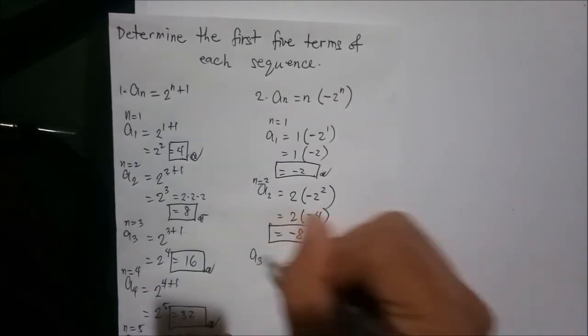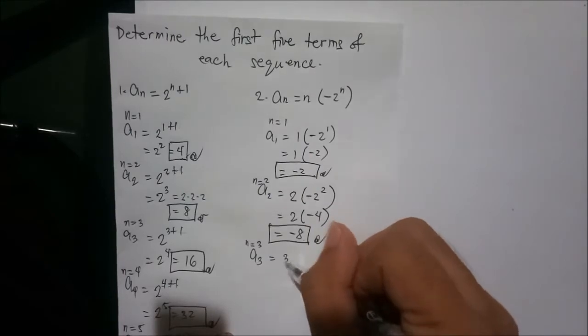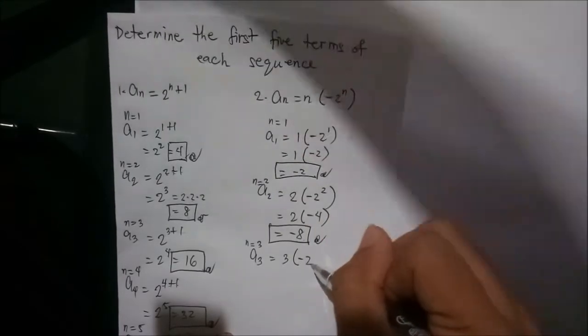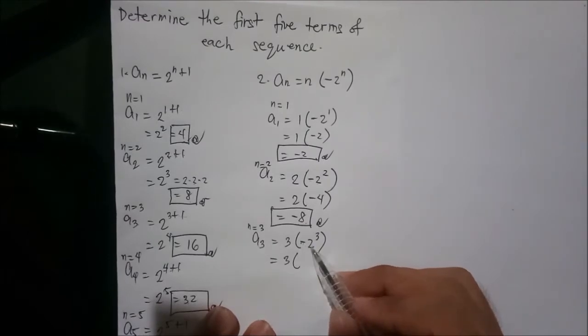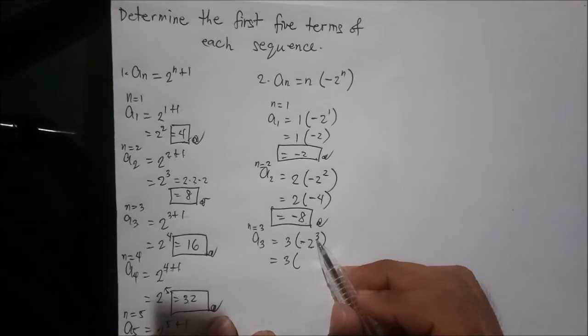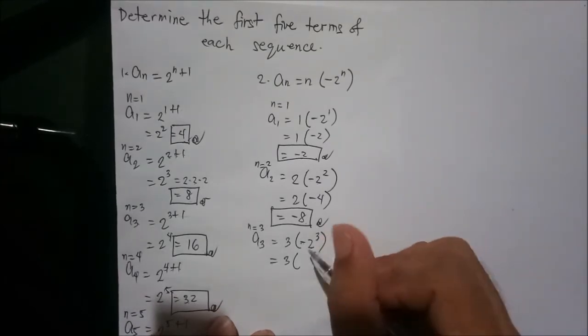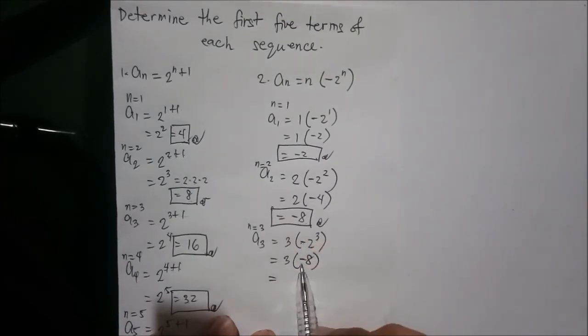A sub 3. The value of n is equal to 3. So 3 times negative 2 to the power of 3. The answer of negative 2 to the power of 3 is negative 8. Why is it negative?